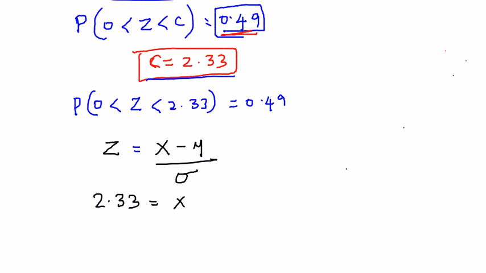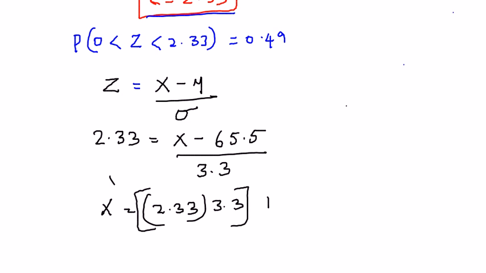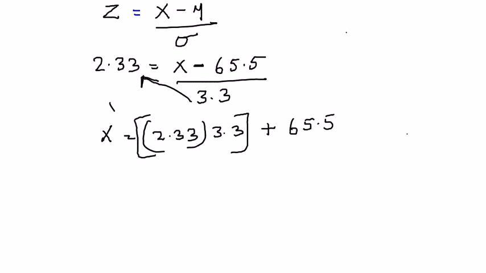I don't know x, but I know the mean is 65.5 from the given sum and the standard deviation is 3.3. So I can write x is equal to 2.33 into 3.3, plus 65.5. Basically I have cross multiplied this and brought this minus sign to the other side. So it becomes plus 65.5.